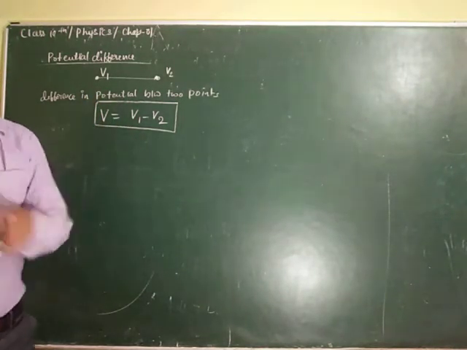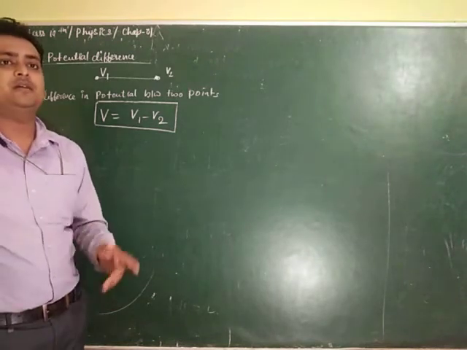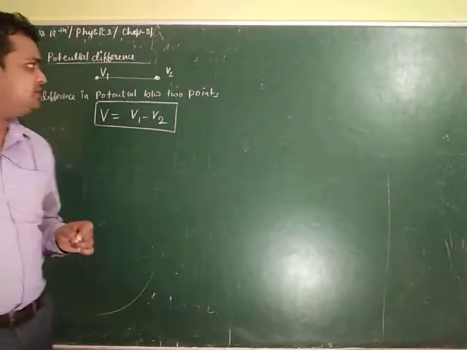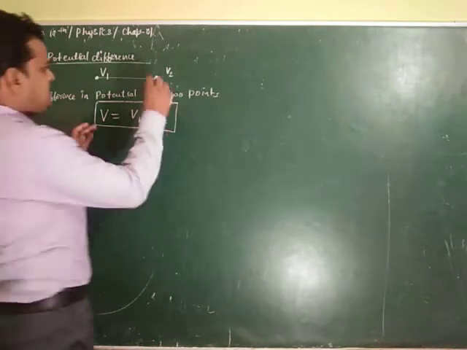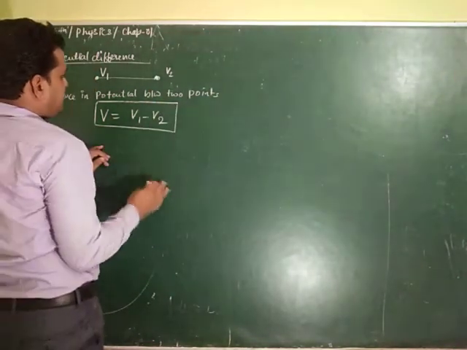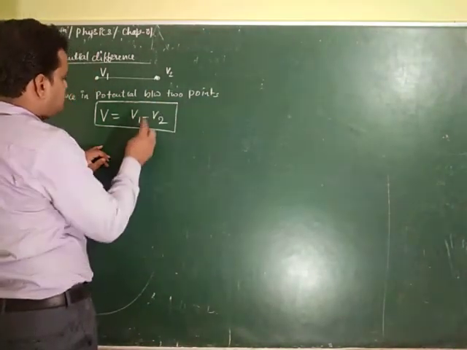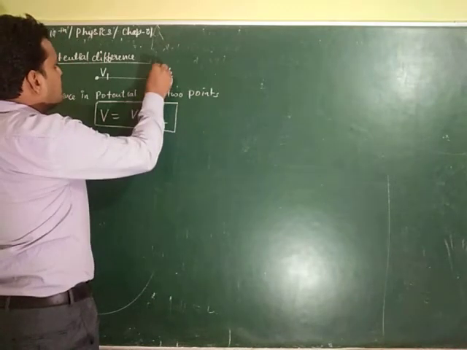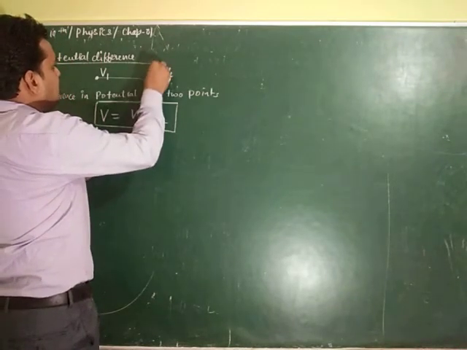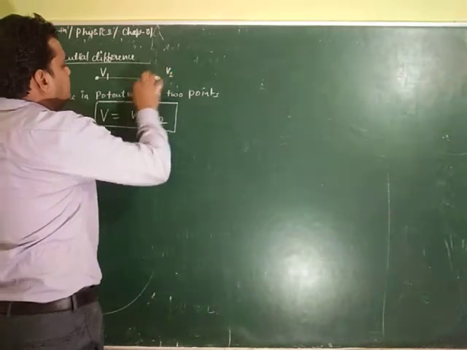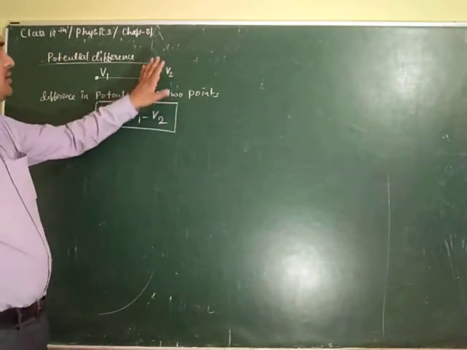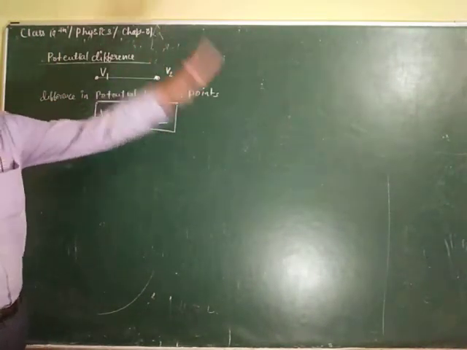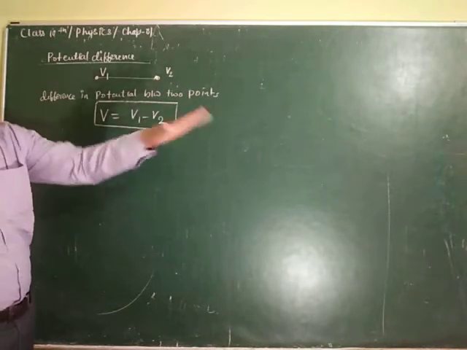Now, how can we define the potential difference? We can define it as the work done in moving a charge from one point to another, that is, from one potential to another.